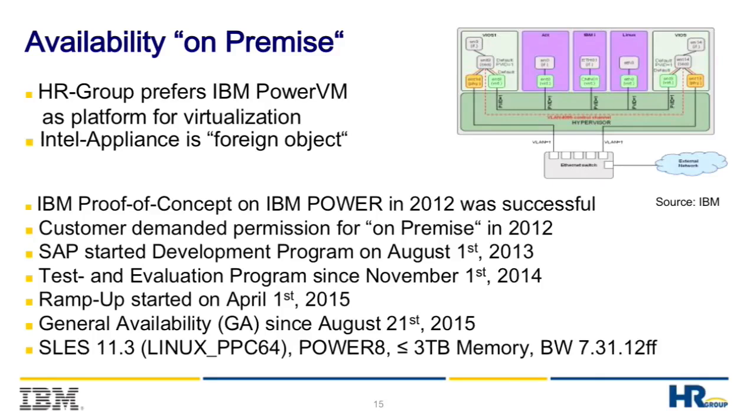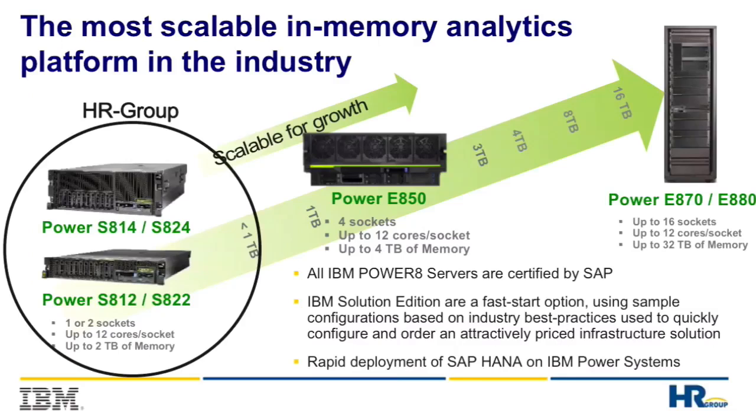The customer was only on BW 730. So before we could migrate to HANA on Power, he had to upgrade his application stack. That's not a big issue, but it's work to be done, and you have to test it because you are changing something in the environment. We had this discussion with the customer before we started, and he knows that he has to do that. So that was no big deal for him.